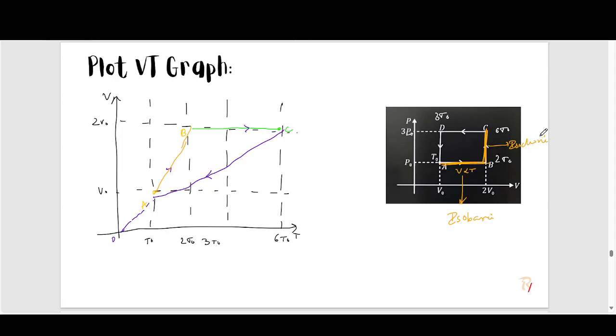Since in isochoric volume is constant, this is also an isobaric, since volume is directly proportional to temperature.